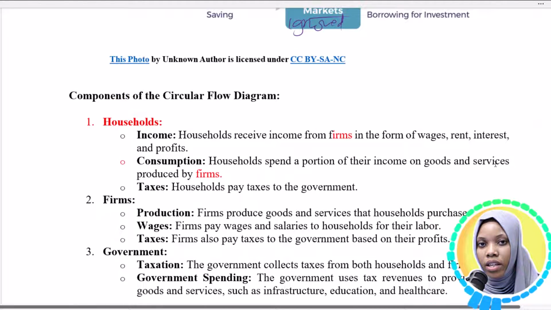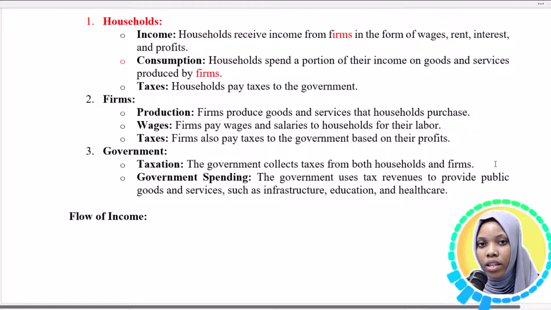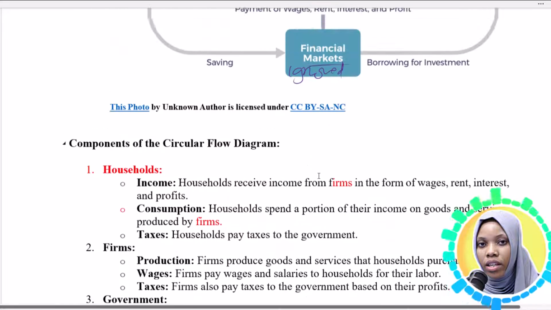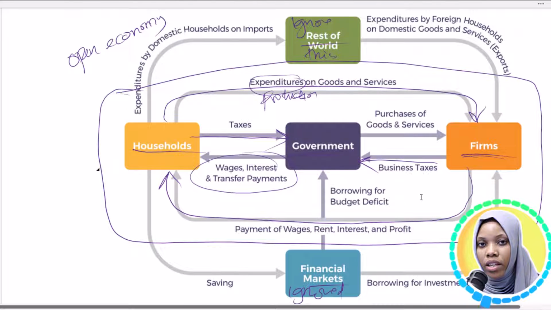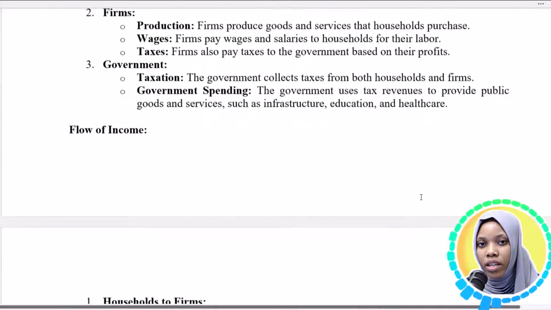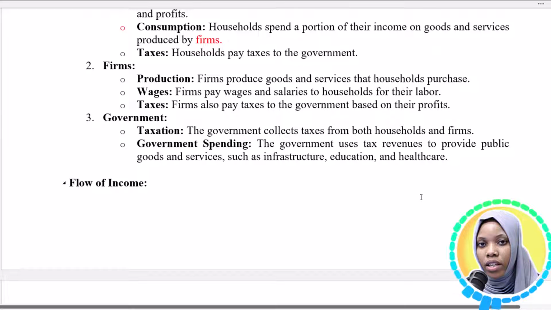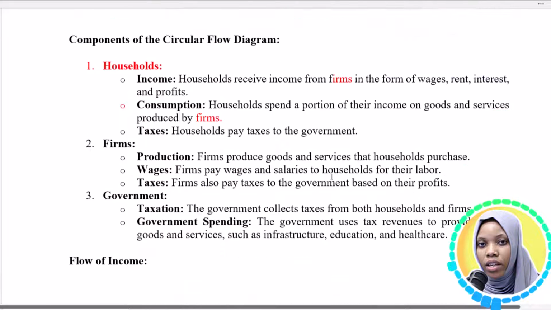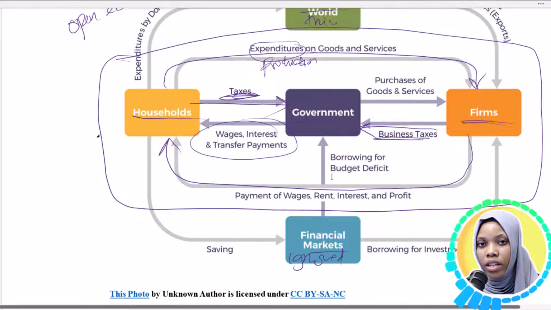And now we talk about the government, and the government collects tax from both the households and the firms. So they collect taxes here and here from both the households and the firms, and the government uses the tax revenues to provide public goods and services such as infrastructure, education, and health care.